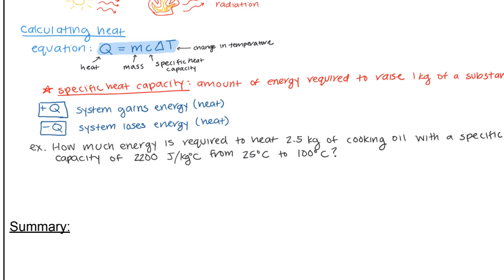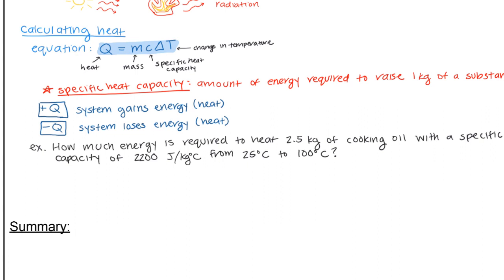We always use a lowercase m to represent mass. And we are going to add a new variable, which is what we call the specific heat capacity. Now notice we are using a lowercase c for our specific heat capacity.